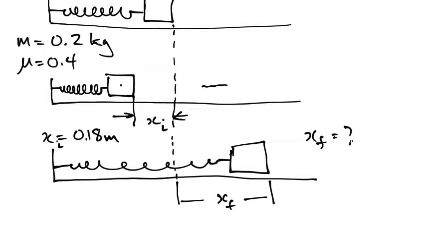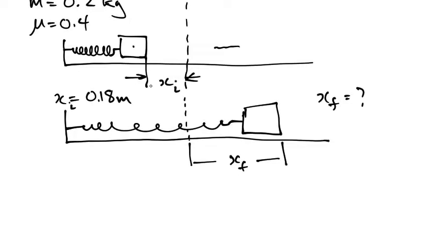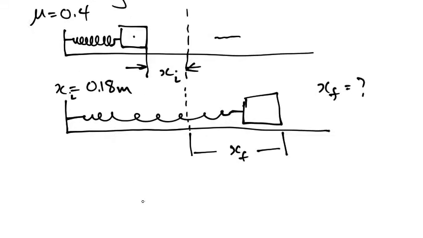Now, we're going to solve this problem using energy, and we're going to say the initial energy is equal to the final energy. There is one little added interesting tidbit in here, and that is there is friction in this problem.